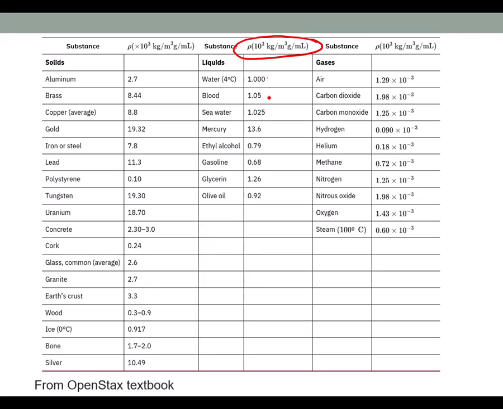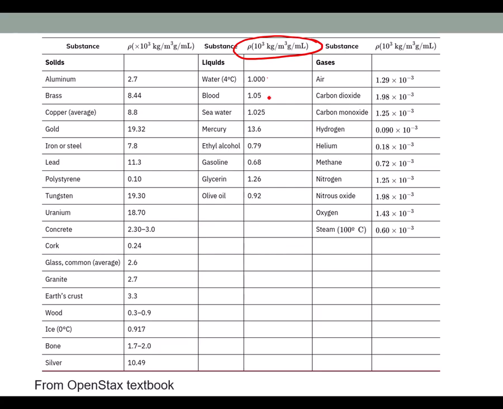There is a different version of this table in the HEC text, and you may have to refer to one of the tables to do the calculations that you need to do. On a quiz or an exam, I will either ask you to do the calculation or I will give you this number. I'm not expecting you to memorize the density of, say, ethyl alcohol.